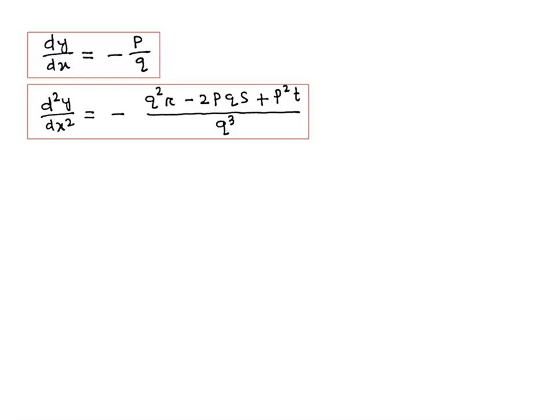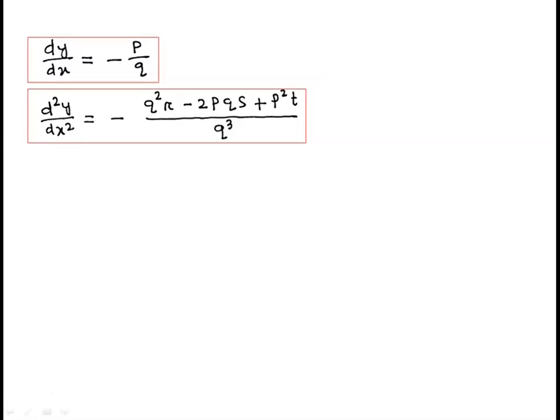So we have dy by dx as minus p by q, and the second order derivative d square y by dx square is equal to minus (q square r minus 2pqs plus p square t) divided by q cube. These two formulas we can use to find dy by dx and d square y by dx square.